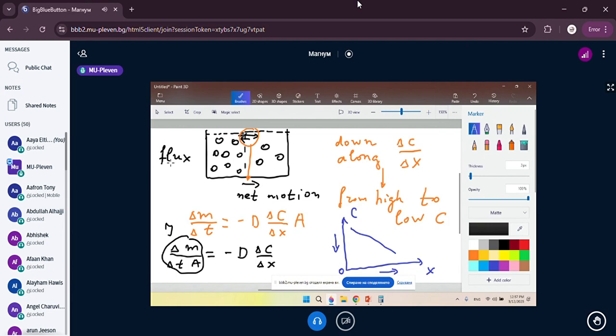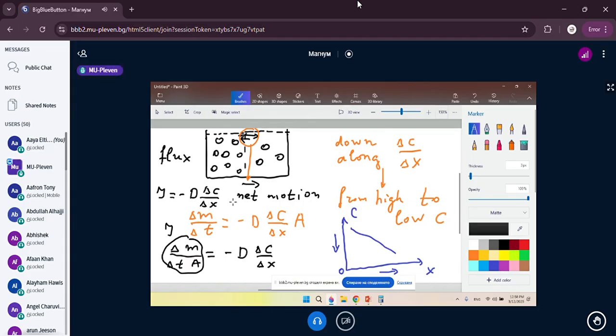In this case we can express the equation in a simpler way: the flux of matter is proportional to the concentration gradient.